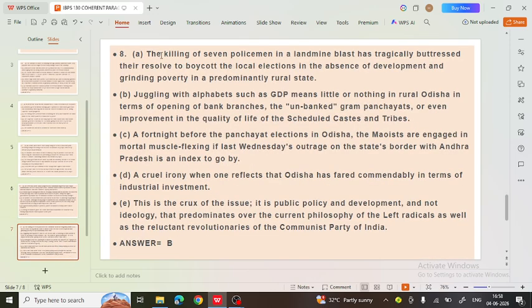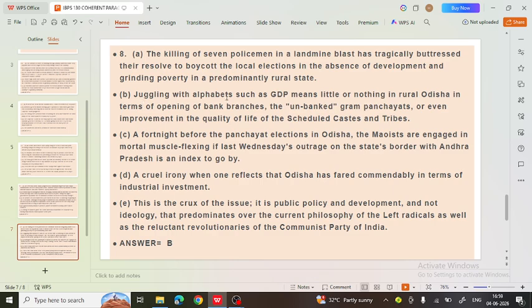Next example. The killing of seven policemen in a landmine blast has tragically buttressed their resolve to boycott the local election in absence of development and grinding poverty in a predominantly rural state.